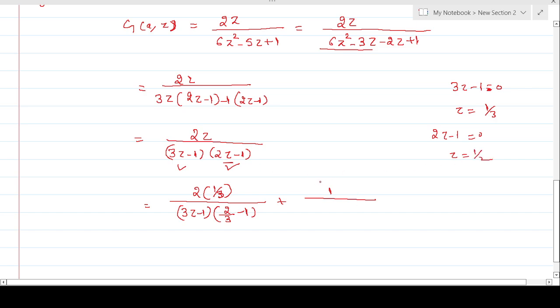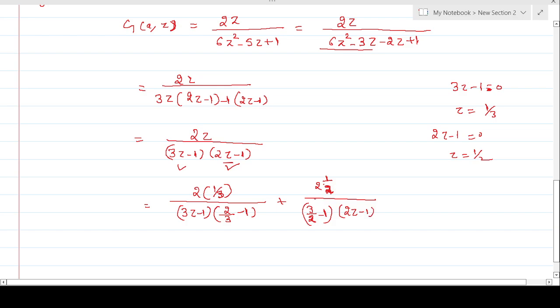So it is 2 times 1 by 2, 3 by 2, 3 by 2 minus 1 into 2z minus 1.